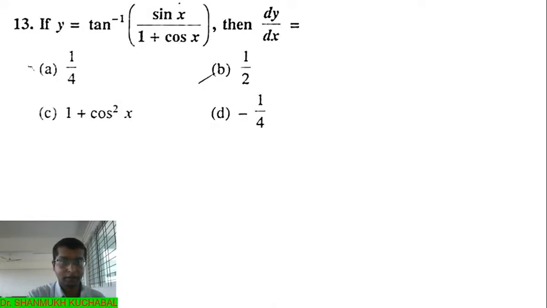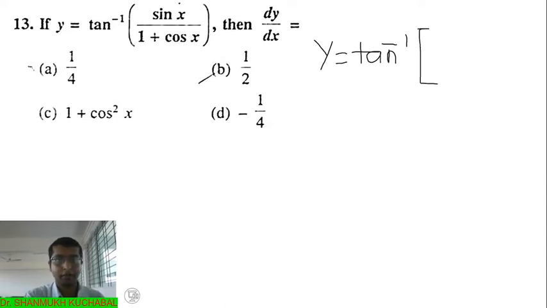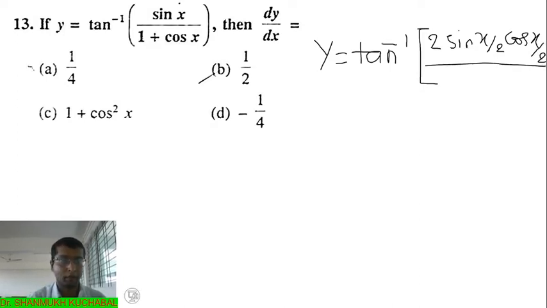So here we use the half angle formula. Using that we will simplify. Y equal to tan inverse. Using the half angle formula, the numerator sin x is written as 2 sin x by 2 cos x by 2, whole divided by 1 plus cos x.